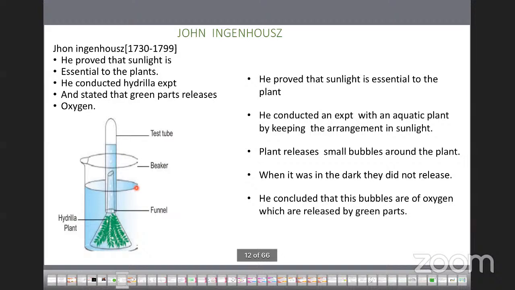Both levels are marked before placing it under the sunlight. After 2-3 hours, they again observe the water levels in the test tube and in the beaker. In the test tube, the water level is decreased, that is, coming down.